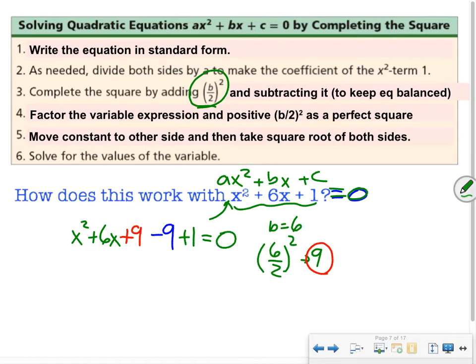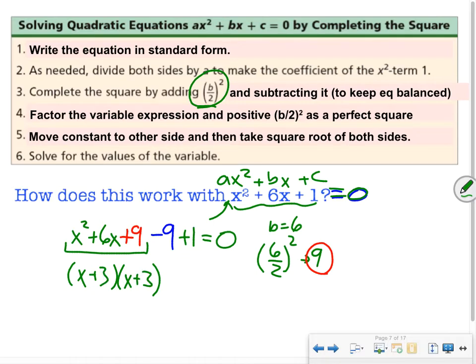Now, the reason this formula works is because when we added that plus 9, it created a situation where we can factor that plus 9, the 6x, and the x squared into a perfect square. If I were to factor this, and I ask myself, what 2 numbers multiply to 9 that add to 6, it would be 3.